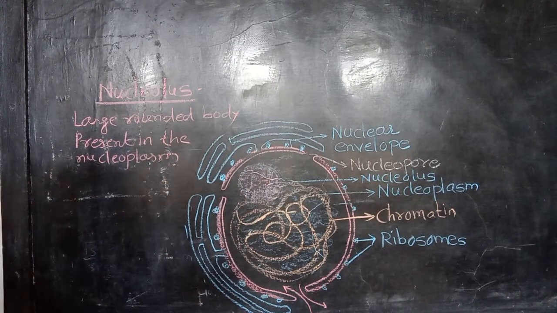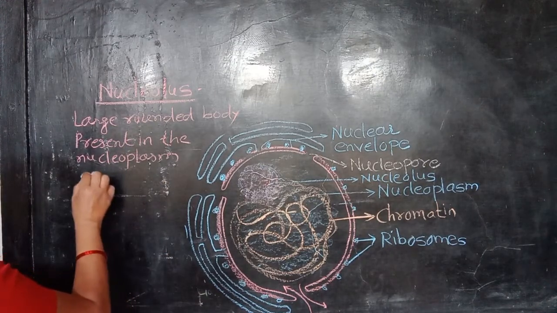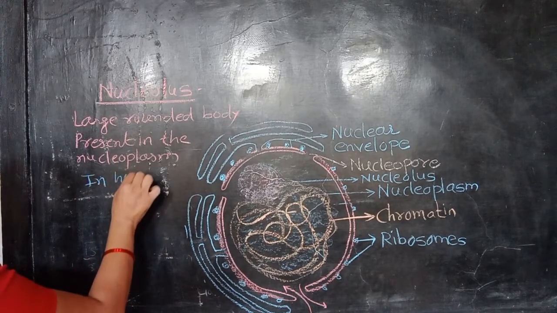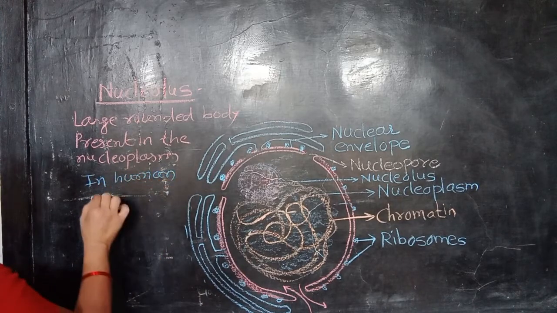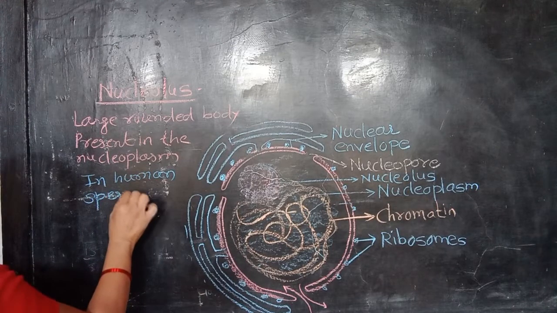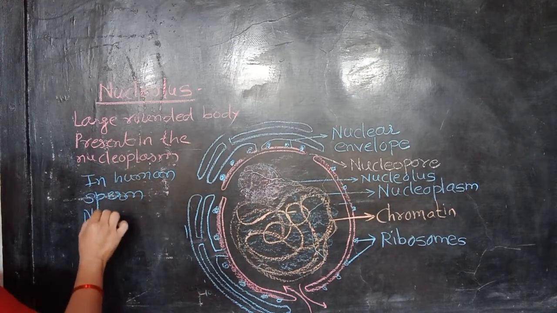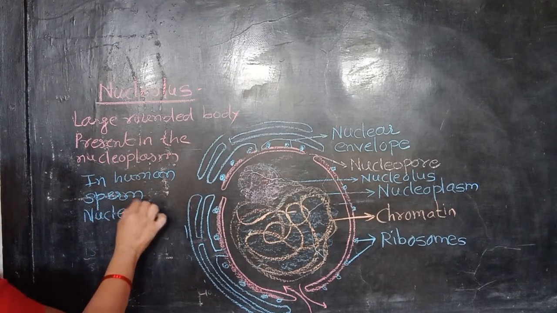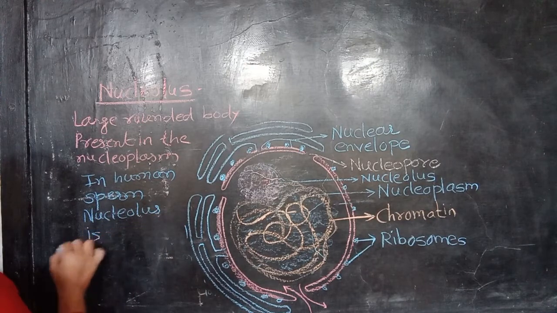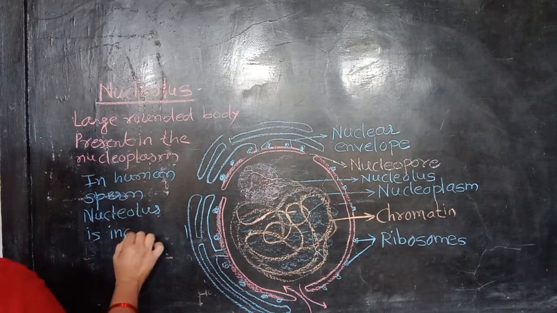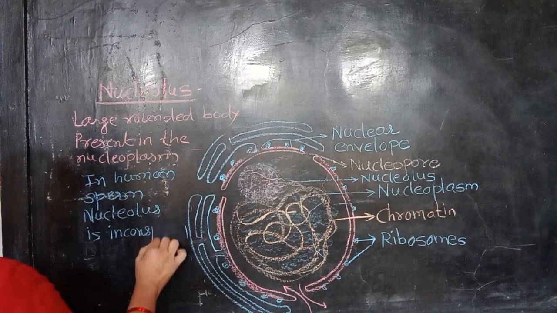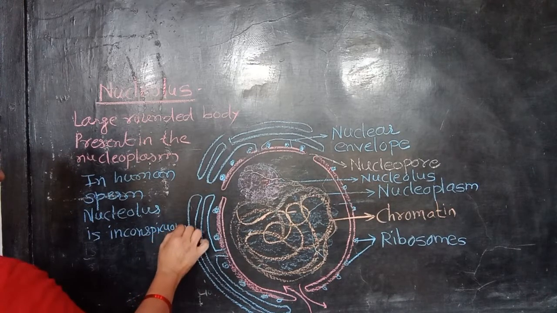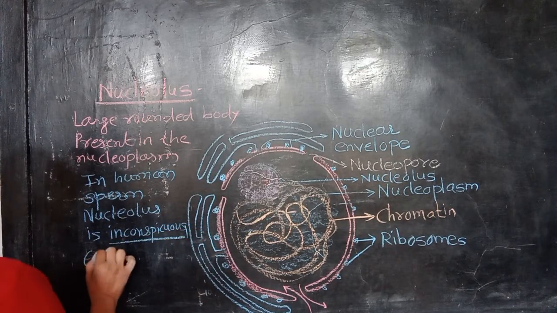But in the case of the human sperm, nucleolus is very small in size. Nucleolus is inconspicuous. Inconspicuous means small in size.